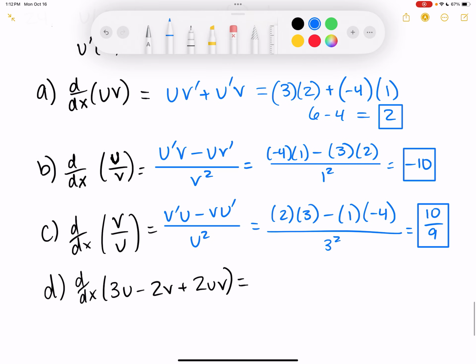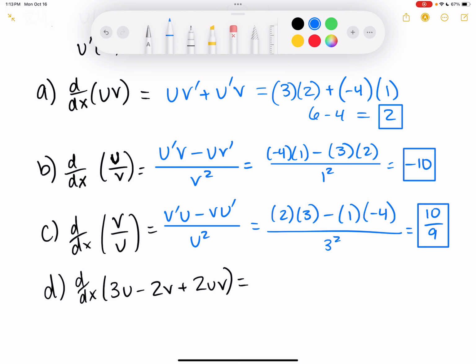Now, this bottom one, it's a little different, because the temptation here is to say, well, when I take the derivative of 3u, the derivative is 3. But that's not the case, because you have to remember that u is representing a function. So it's 3 times some function.